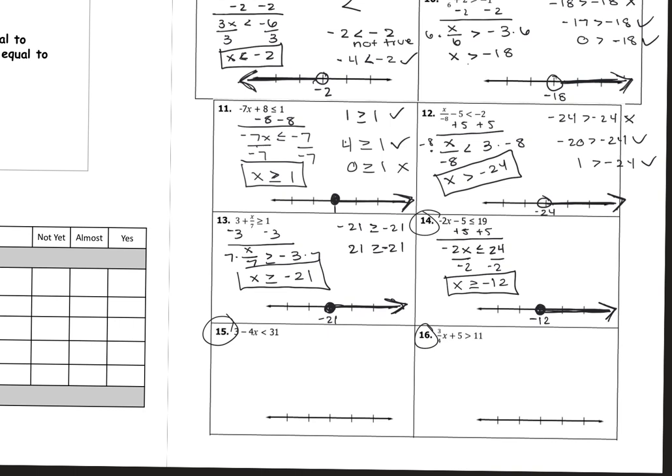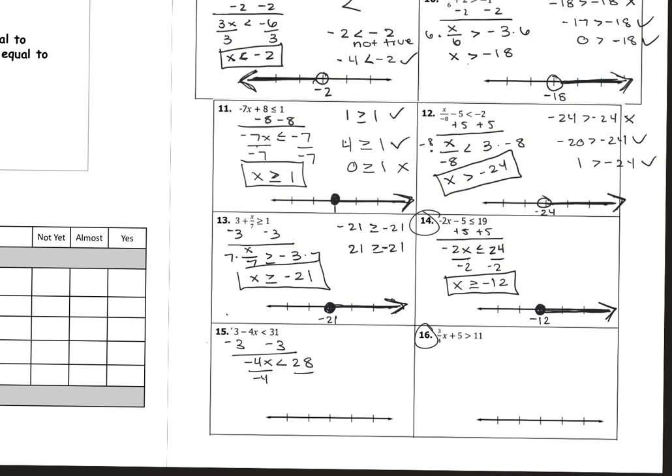All right, for number 15, we have that positive 3, so we have to subtract 3 from both sides. I have negative 4x is less than 28.